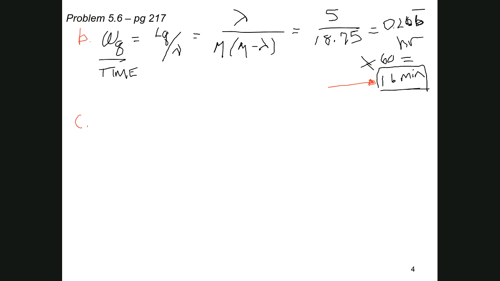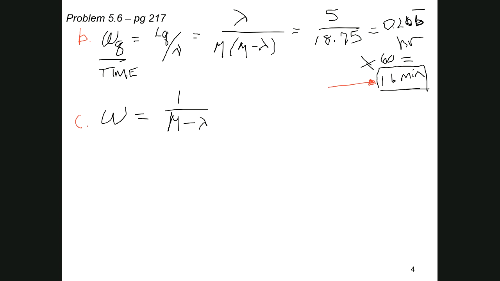In this case, we're going to calculate the value of W because the time it takes for the plane to clear the runway once it's notified the airport that it intends to land, that's the time in the whole system. And so in this case, W, going to page 215, W is 1 over mu minus lambda.